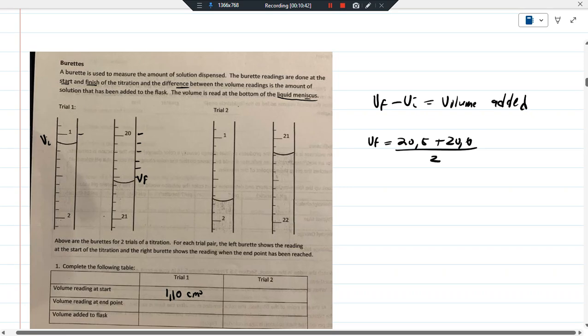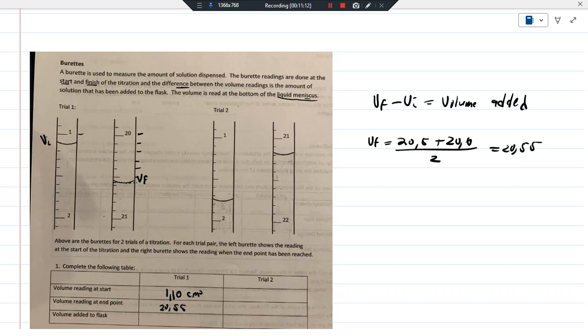Why divide by 2? Because I want the meniscus value there. So 20.5 plus 20.6 divided by 2, I get 20.55. So the final volume is 20.55.